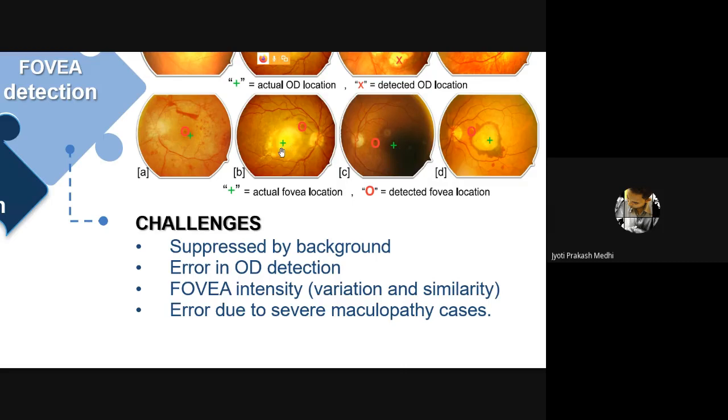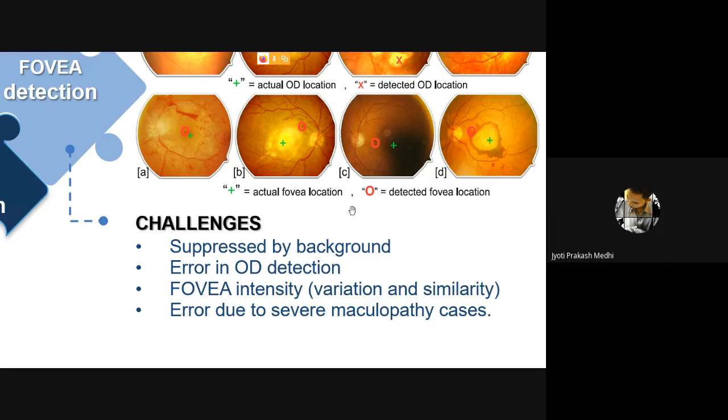So the fovea detection algorithm fails here. This is another case of failure, or another challenge that we found in fovea detection. Similarly, here also, as you can see, the fovea region is fully covered and there is hardly any dark intensity present here.